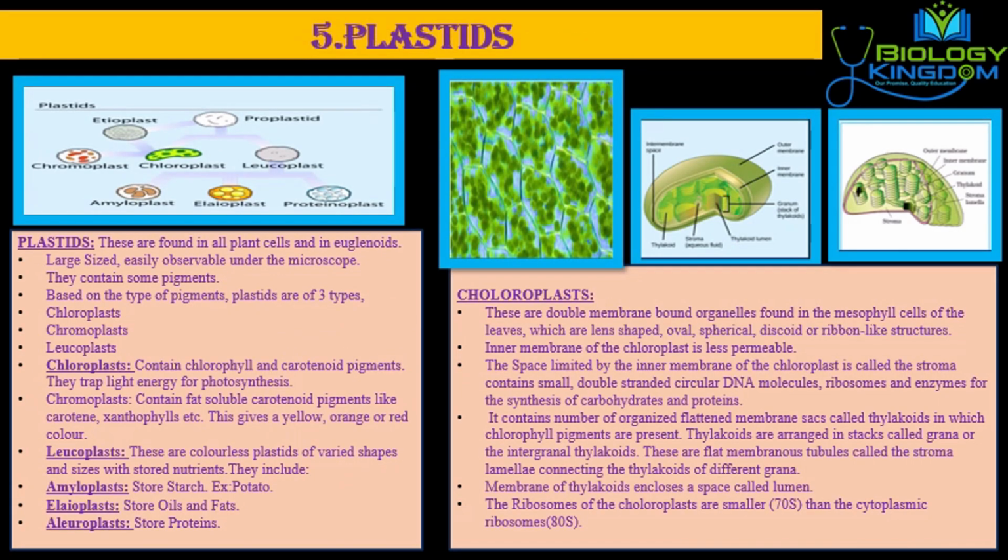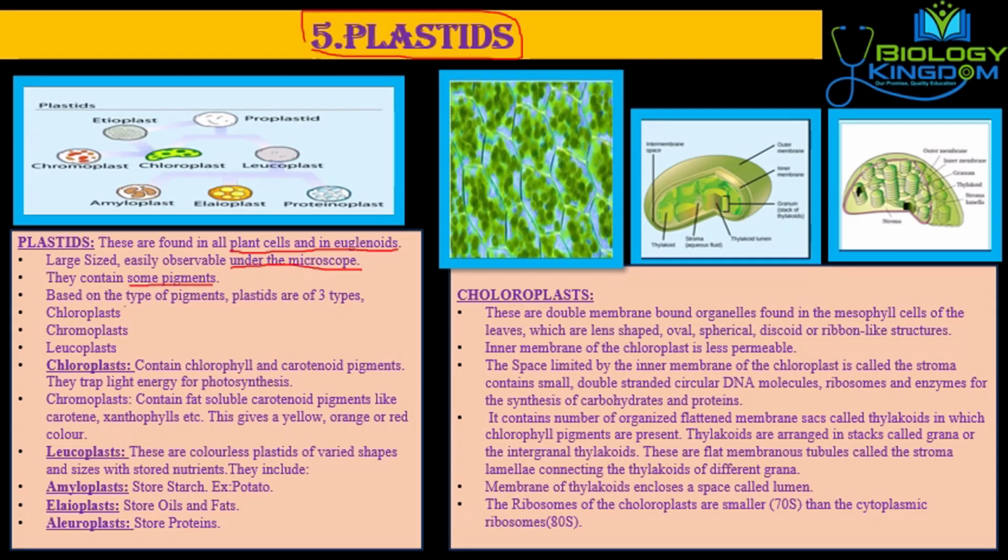Moving on to the next part of eukaryotic cells, we have another cell organelle known as plastids. Plastids are commonly found in all kinds of plant cells. They are large sized or small sized, but they are easily observable under the microscope. They generally contain some pigments.